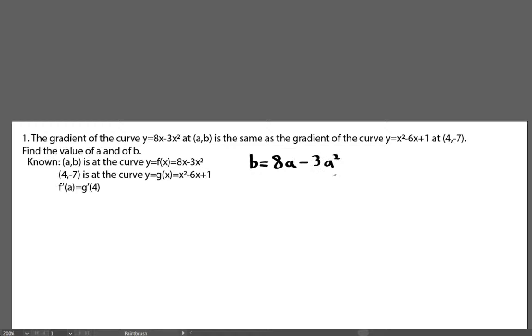There we go. And then after that, we know for a fact that f prime of a must equal g prime of 4. So let's first try to find f prime of x.